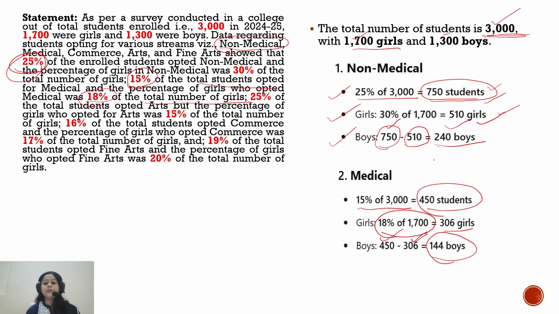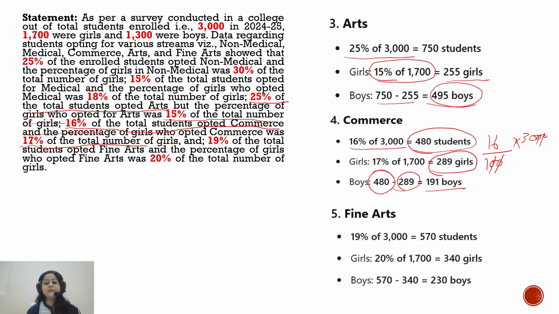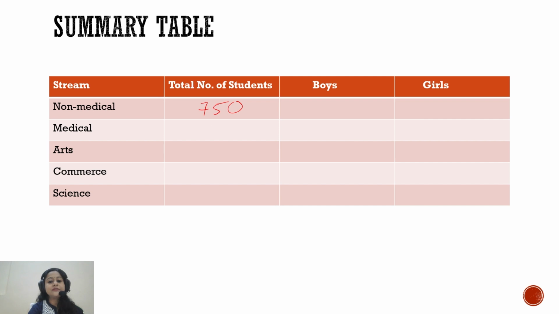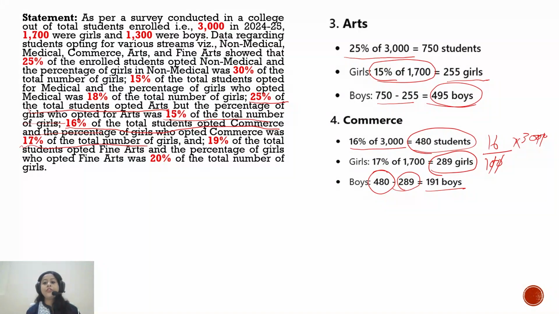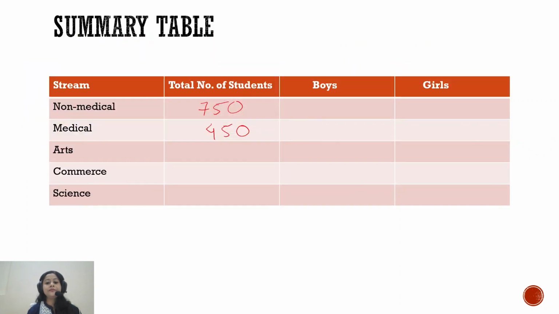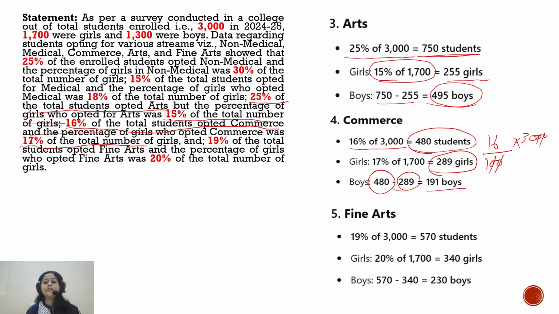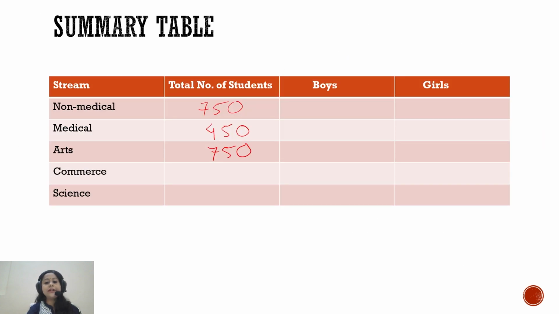Same for medical, it is 450. I am just copying the values from this calculation. For arts, the total number of students is again 750. For commerce, it is 480.